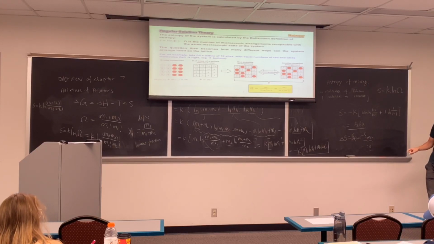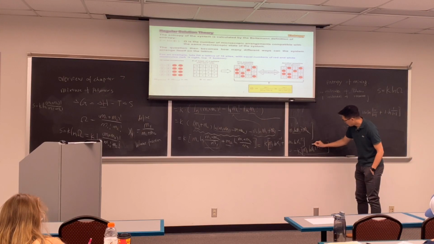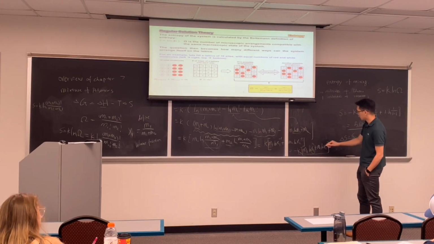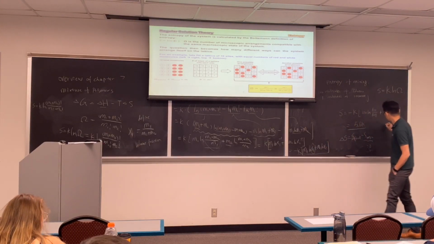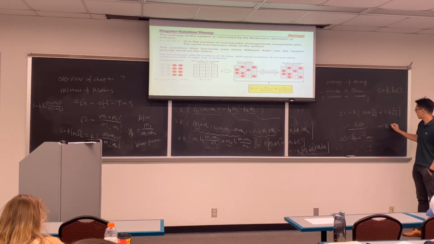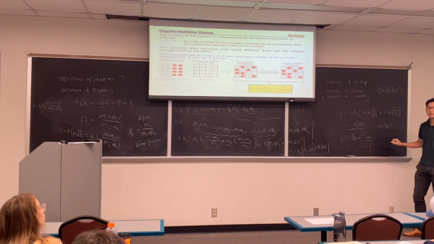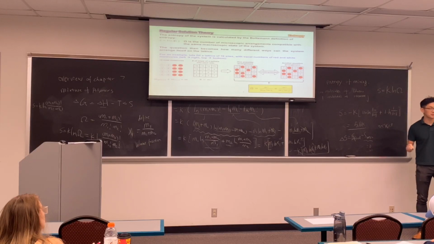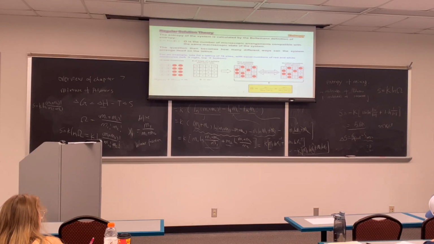So one key take-home message is if you mix two things, your x1 or x2 will always be between 0 and 1. When you mix two things, your volume fraction cannot be smaller than 0 or larger than 1.